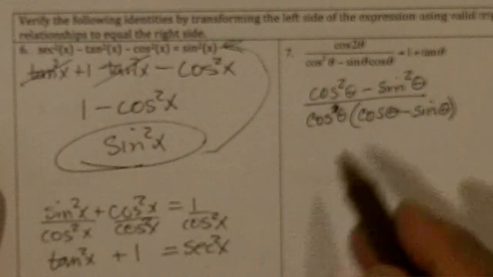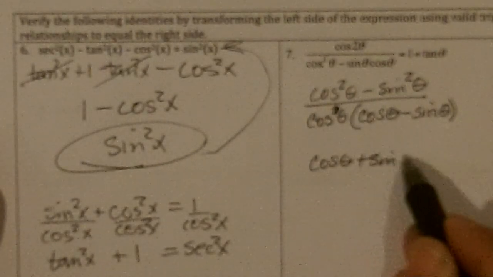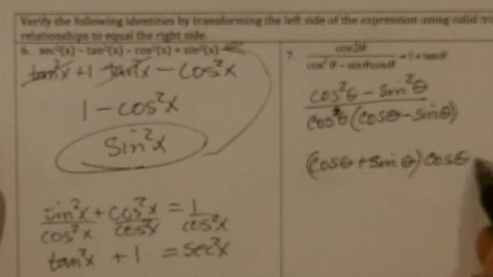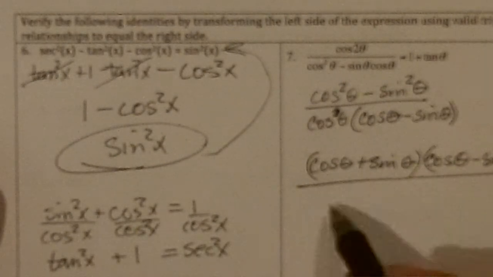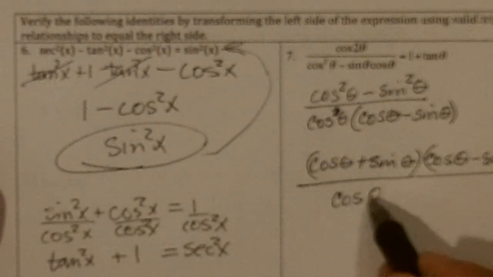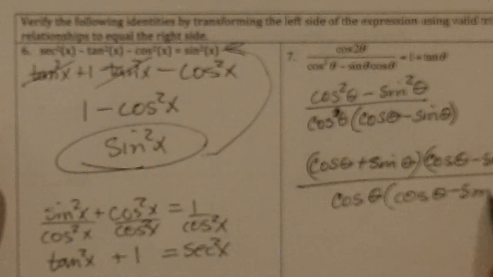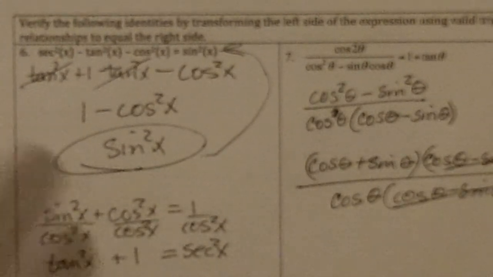The numerator would factor to cosine theta plus sine theta times cosine theta minus sine theta. So these would cancel.